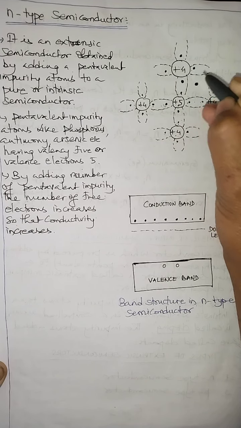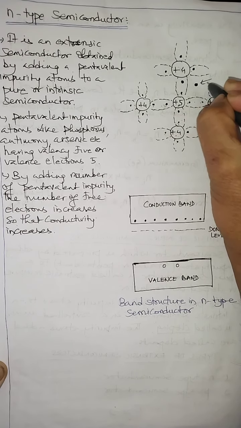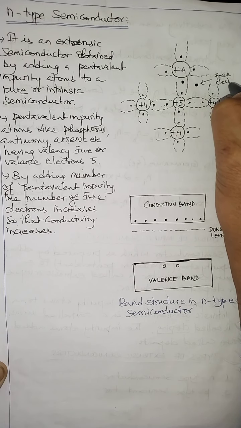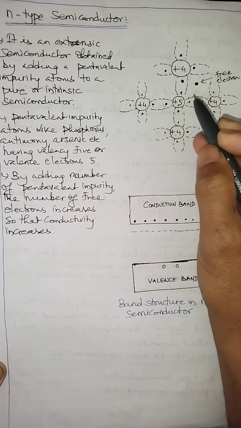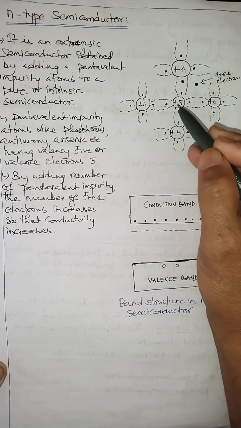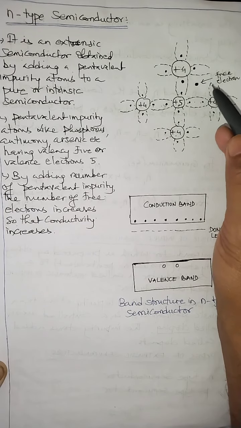I am marking it this way. This electron is free, and this electron is called a free electron, acquired by the pentavalent impurity atom. So this electron becomes free.